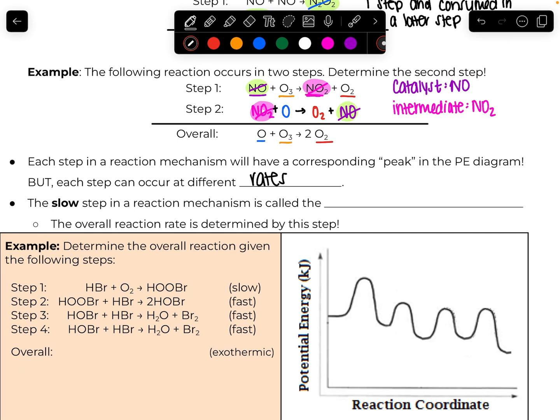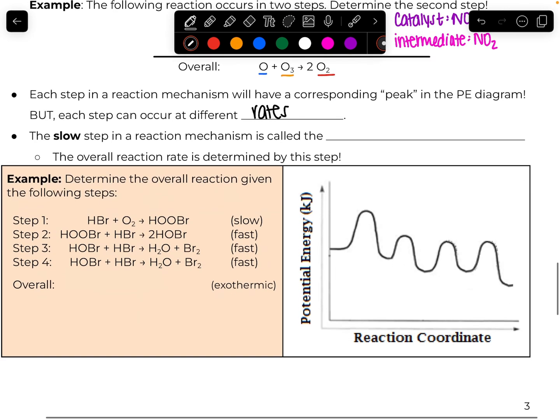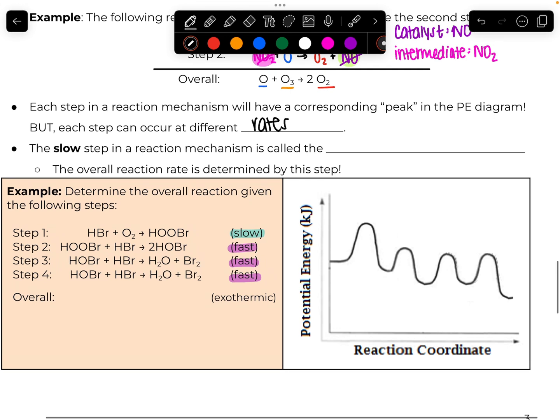So, you might notice that in this reaction right here, you have these slow and fast words written next to each of these elementary steps in your reaction. Have you ever heard the phrase, you're only as strong as your weakest player? Like if you're talking about a team, it's the exact same thing for a reaction mechanism.